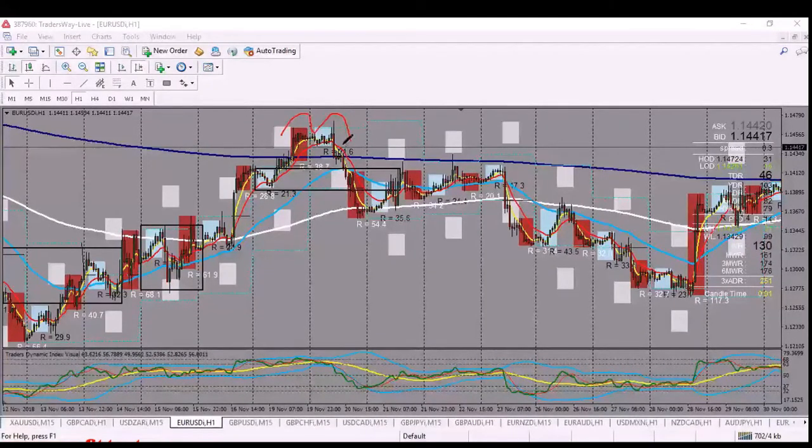So we had aggressive move to the downside, 1. Aggressive move, 2. And then a nice move, 3. 1, 2, 3. And look at your TDI already.